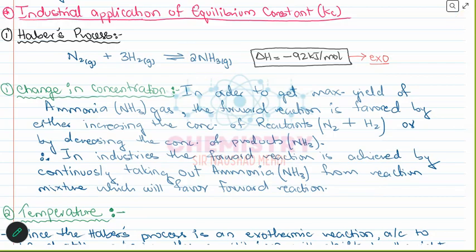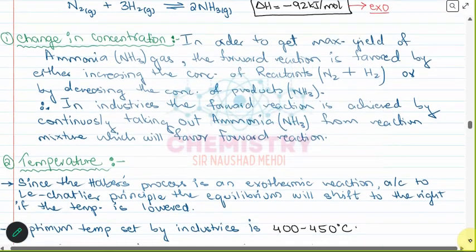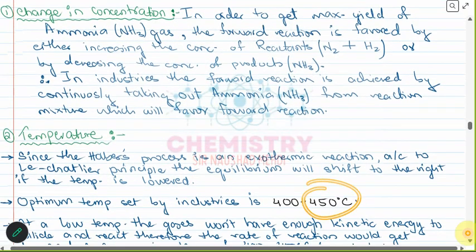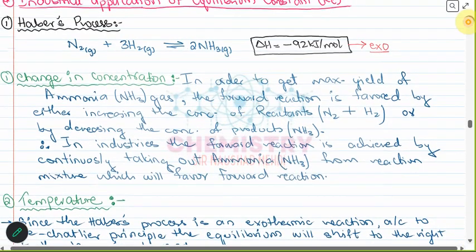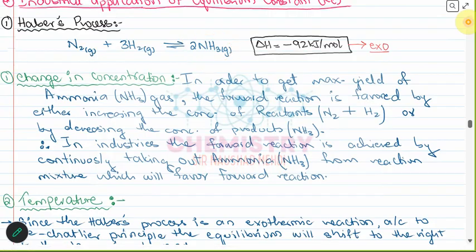And for maintaining that speed, the optimum temperature which is selected is 450 degrees Celsius. Because if you further reduce the temperature, the rate of the reaction will decrease. The time period required to produce the ammonia gas will increase and the production will be very slow. Understood?